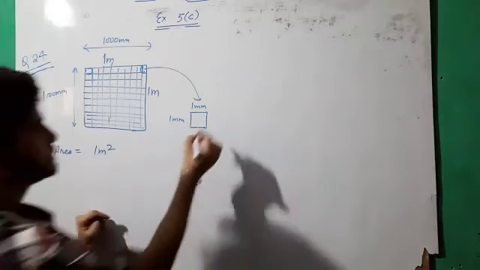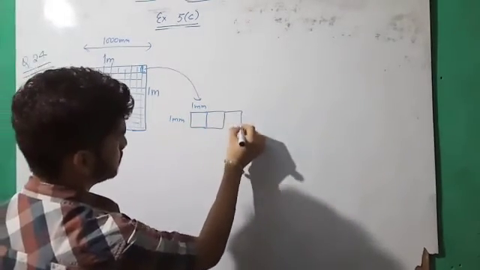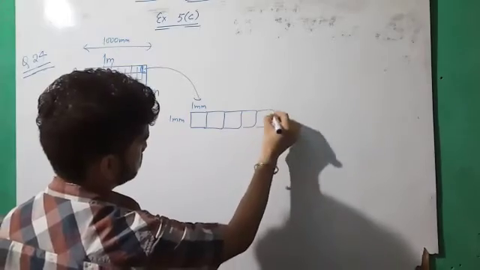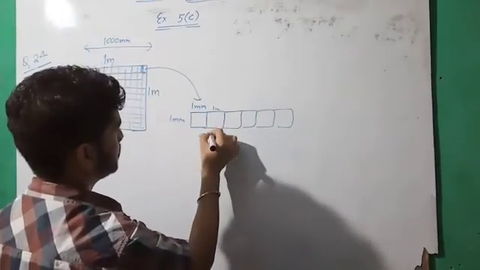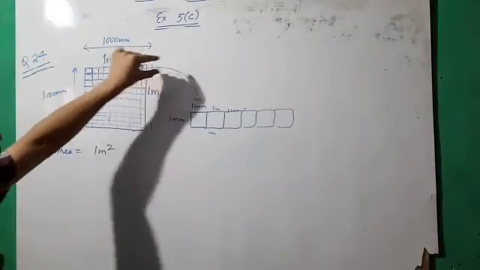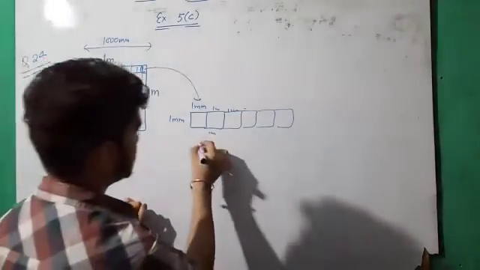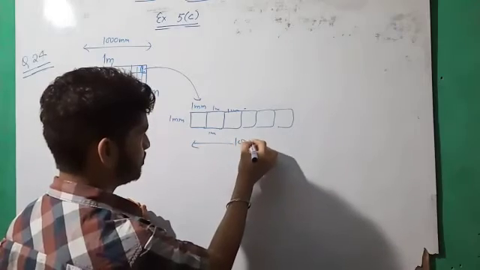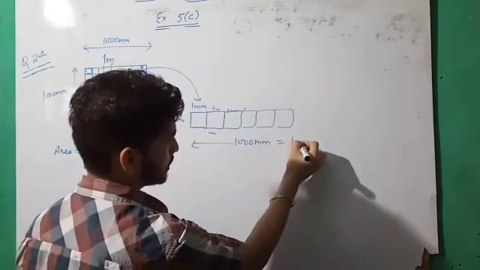So if you stretch like this, we can add 1000. 1 mm, 1 mm, 1 mm like this. So this is a line of 1000 mm, and 1000 mm means 1 meter.